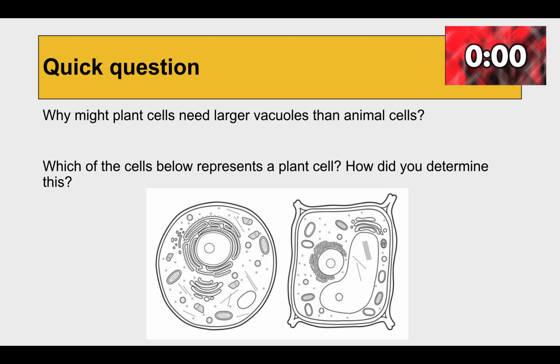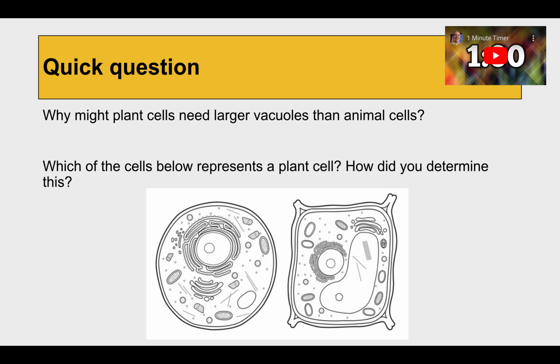Why might a plant need a larger vacuole? What does it need to do? Yeah. They've got to store resources, so they have these very large vacuoles. And then I gave you two images of cells here. Which one is the plant cell? The right or the left? Yeah, the right one.